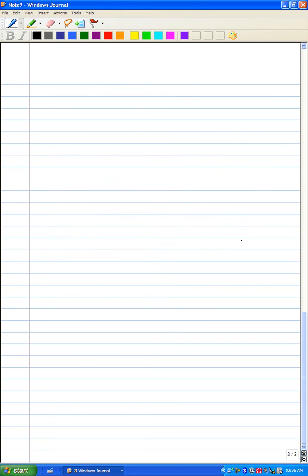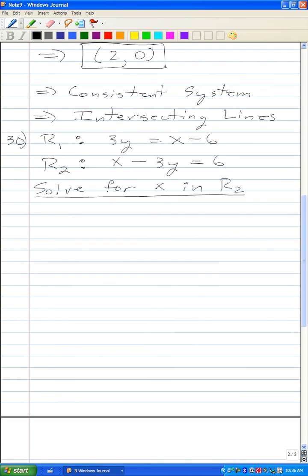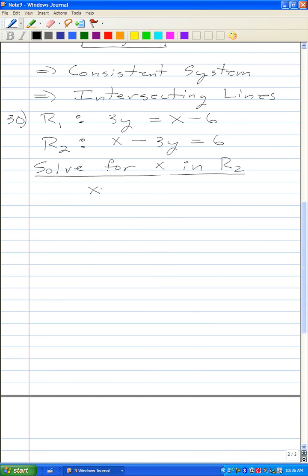So I have the second equation, x minus 3y equals 6. Let me add 3y to both sides of my equation. And so I have that x is equal to 3y plus 6. Let's call that S1.